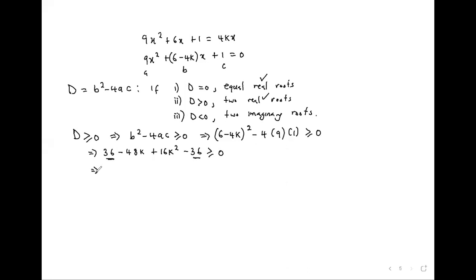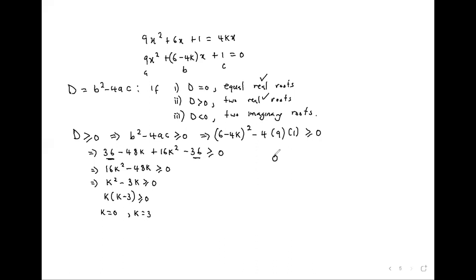This implies that we have 16k squared minus 48k is greater or equal to 0. If we divide through by 16, we'll get k squared minus 3k greater or equal to 0. Then factor out k, which is common. You have k times k minus 3 is positive. So k is 0, k is 3.